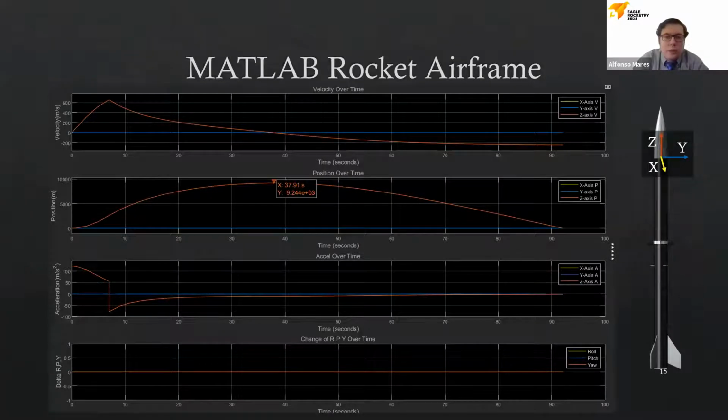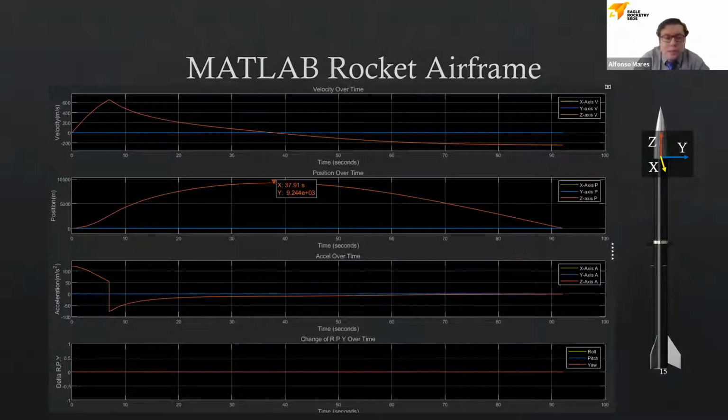Moving forward to the rocket dynamics control, here's the rocket airframe, which basically shows the velocity, position, acceleration, and change in roll, pitch, and yaw. And again, this was done on MATLAB Simulink using block diagrams.